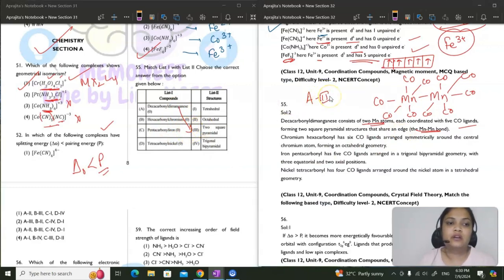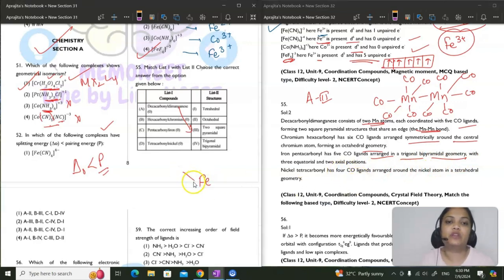All right, next up is hexacarbonyl chromium. Now chromium has 6 carbonyl ligands which are symmetrical, so they will have octahedral geometry like we have. Pentacarbonyl iron has 5 ligands arranged, so again it will be trigonal bipyramidal with 3 equatorial and 2 axial bonds like this.